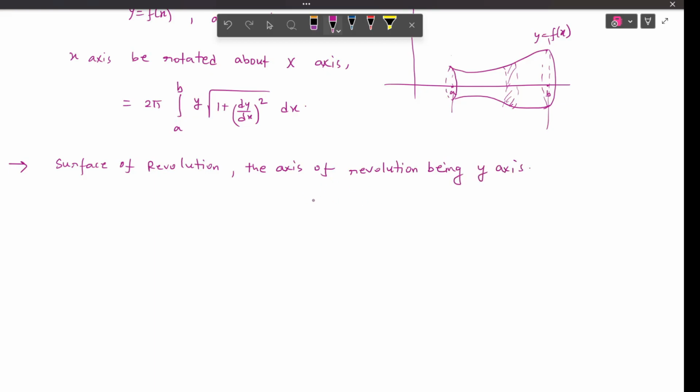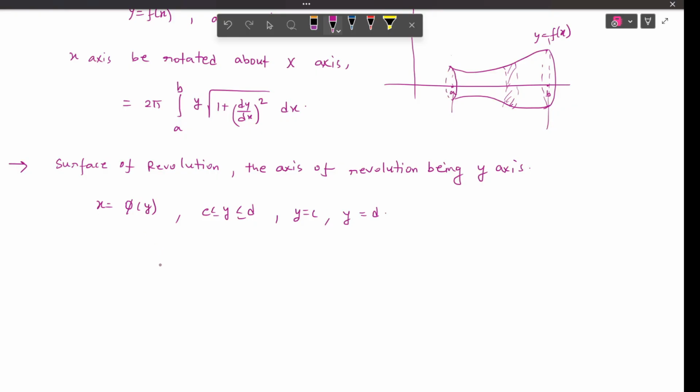So if this is the case, let us say x equals phi of y is the continuous curve, and y is between C to D. The abscissa y equals C to y equals D. The curve be rotated about y-axis.